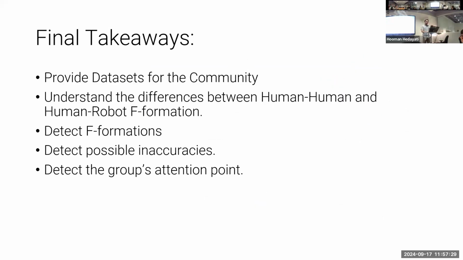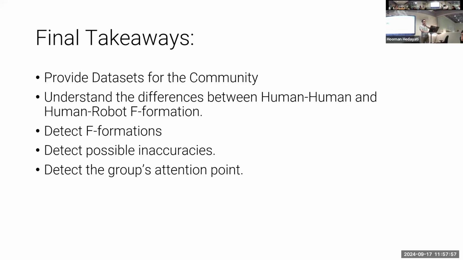The takeaway from this part is that we can provide the data set for the community to use, and we can understand the differences between human-robot and human-human conversational groups, and then we can detect conversational groups. We detect the noisy data, and we can predict human behavior in that.